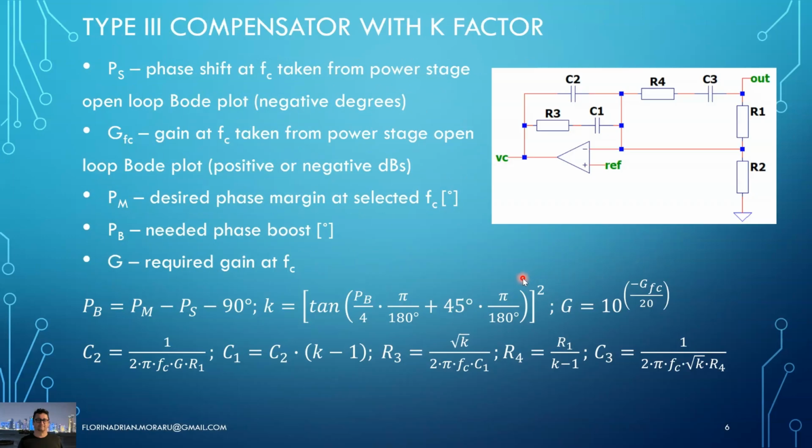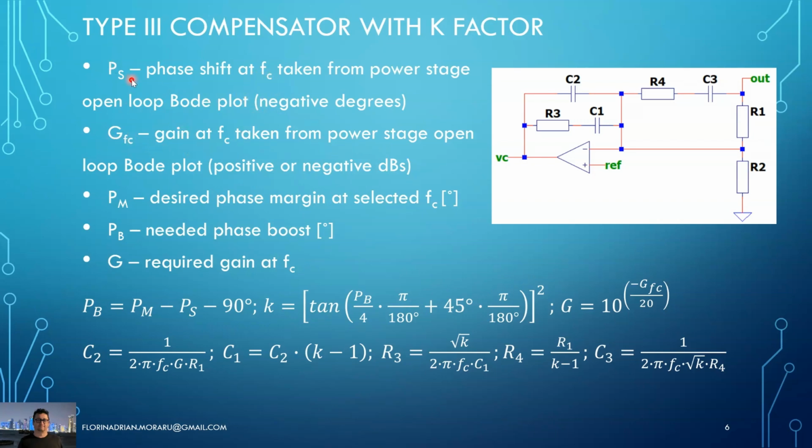Okay, so now if we want to have this design for the type 3 compensator with the k-factor method or concept, as I said, first we need some information from the Bode plot of the power stage. So of course we will select a cutoff frequency.